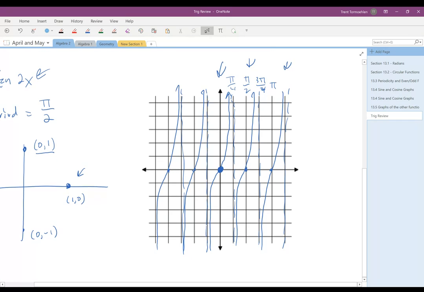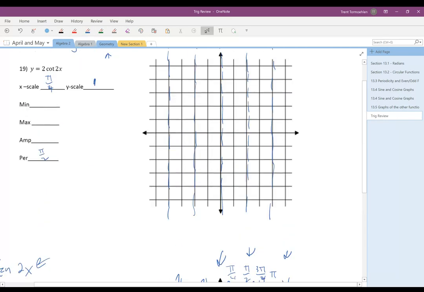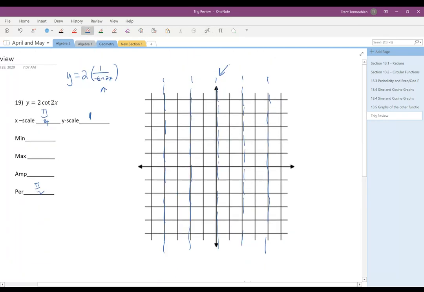As it approaches 0 from the right, tangent gets closer and closer to 0. And so 1 over that is getting larger and larger. And so for the cotangent, as it approaches 0 from the right, it's getting larger and larger, and so it actually starts up here.